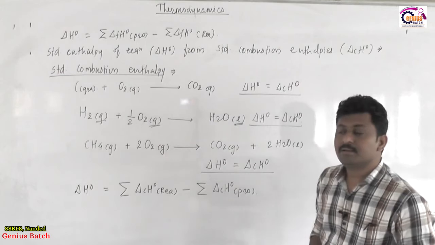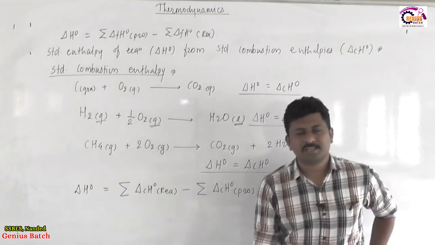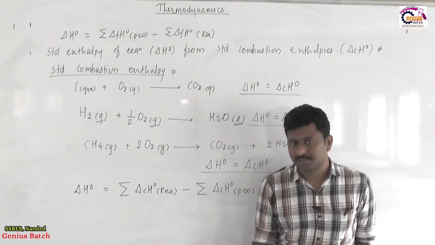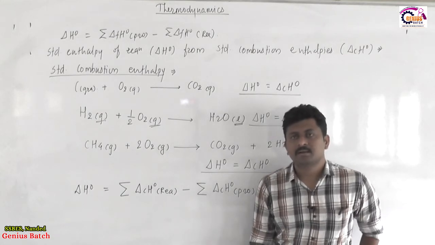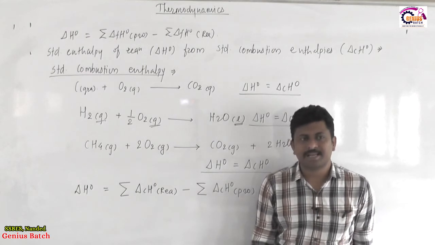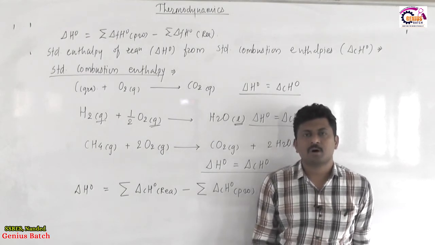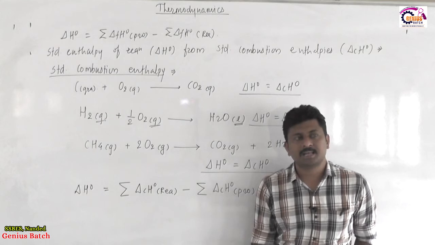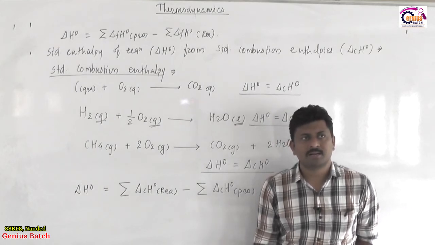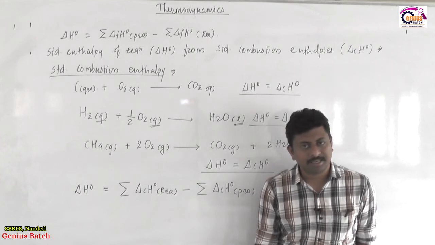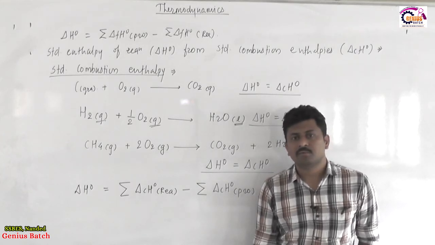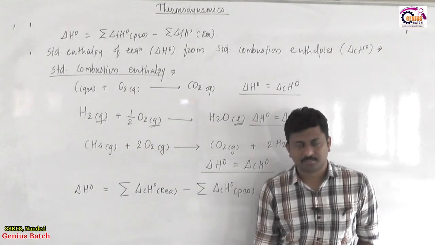The change is this: when standard formation enthalpies for all reactant and product species are given, then the equation for enthalpy change for that reaction is the sum of standard formation enthalpies of products minus the sum of standard formation enthalpies of reactants, when we have all the formation enthalpies.